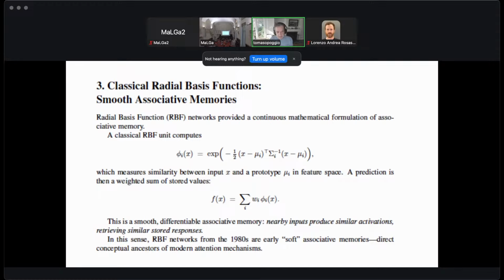What this network is really is an associative memory, associating Xi to Yi. It can be thought of also as an extension of a kernel machine. And so there is this interesting connection between transformers today and associative memories of the 80s and even 60s.